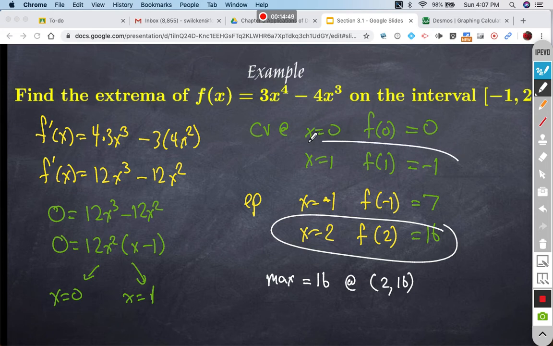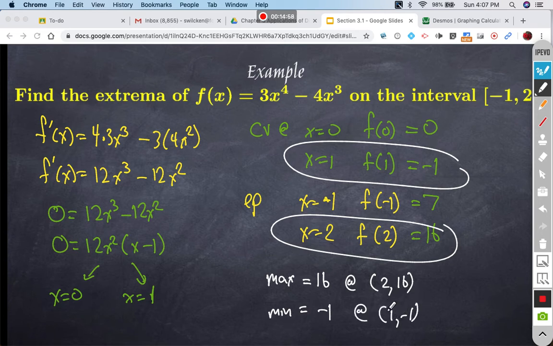My minimum is going to be -1, and this is going to be at the point 1, -1. So these would be my extrema, my absolute maximum and absolute minimum on that interval.